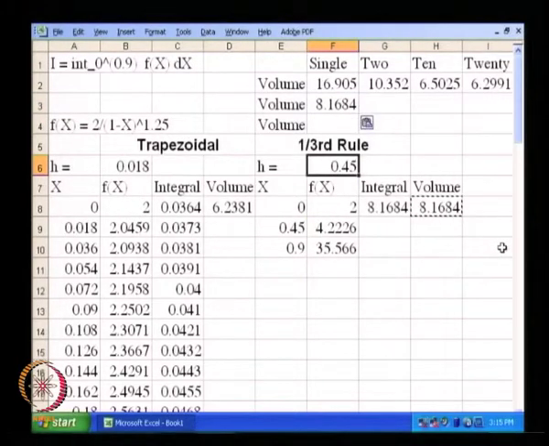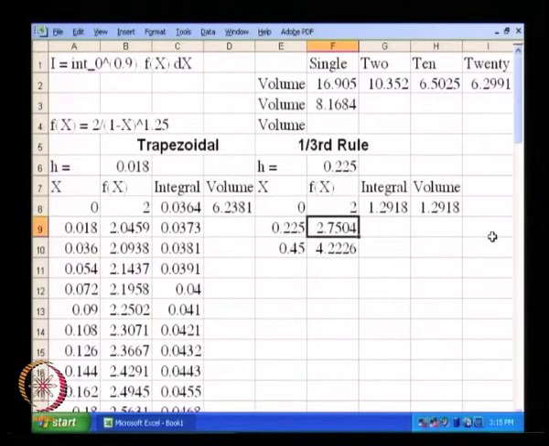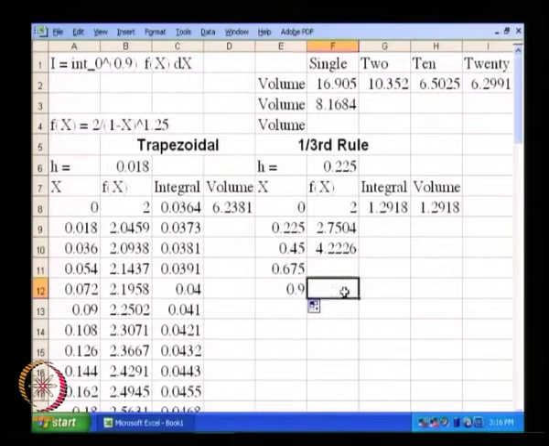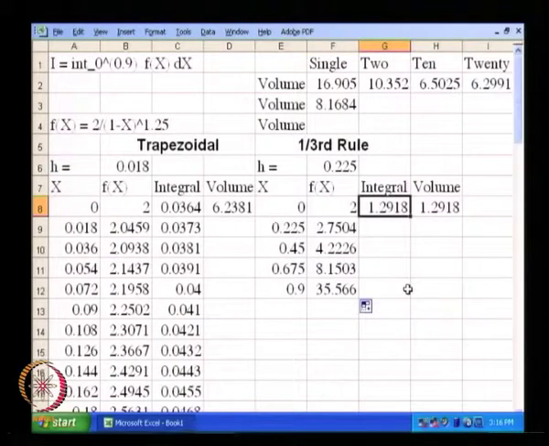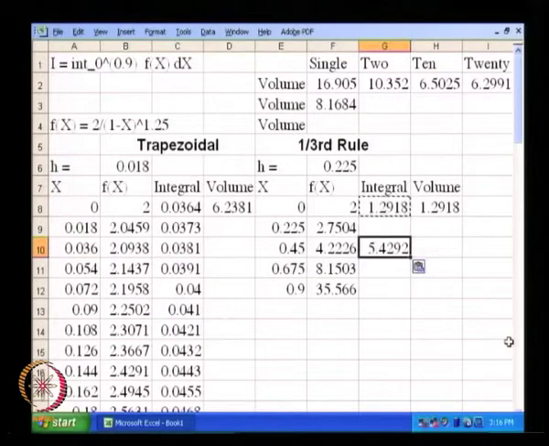Now, two applications of Simpson's 1/3 rule means once we will apply it from 0 to 0.45 and the second time we will apply from 0.45 to 0.9. So, we are going to divide this by 4 this time and we will apply this. And then the integral again we have to compute between 0.45 and 0.9.